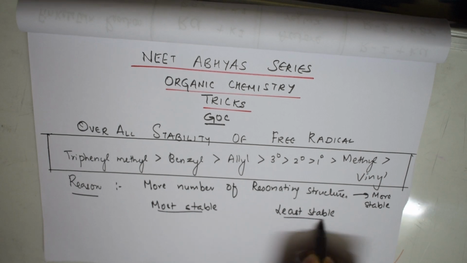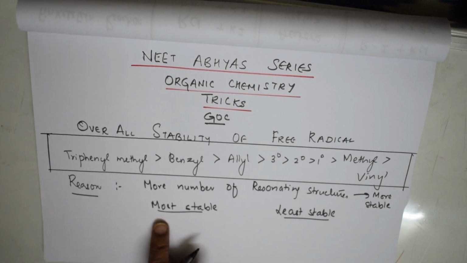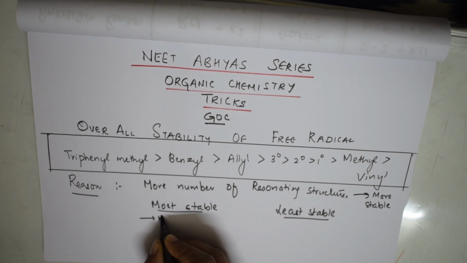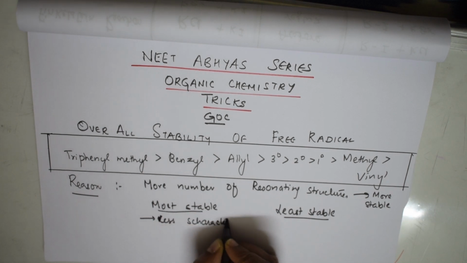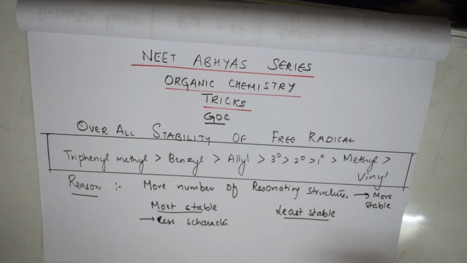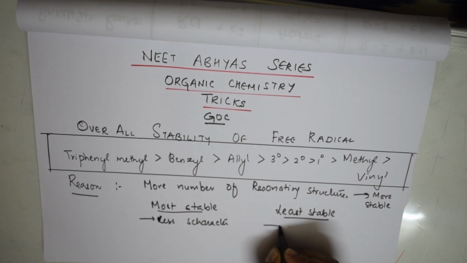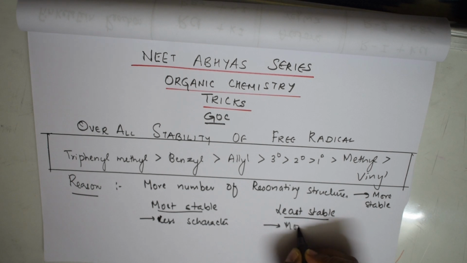So what factors should be there? Remember, for something to be more stable or most stable, the important thing is it should have less S character. Less S character means it is away from the nucleus. Suppose it is least stable, what should you remember? It should have more S character.